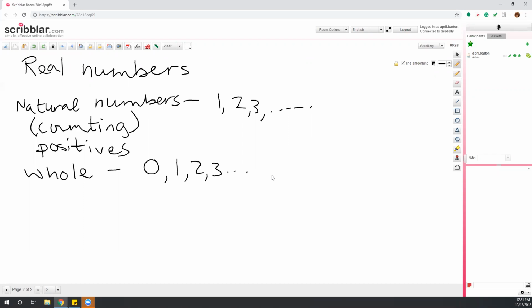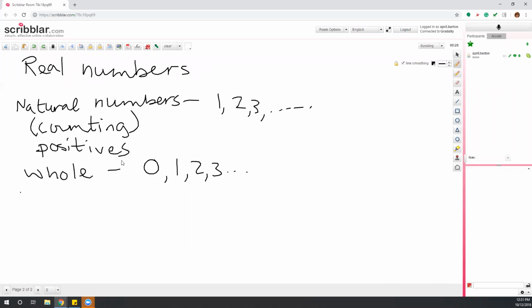Okay. So we could call the number 2 a natural number, and we could also call it a whole number. But 0 right now, we could only call a whole number. Some of the questions will ask you to identify what group it belongs to. Some of them belong to more than one group.